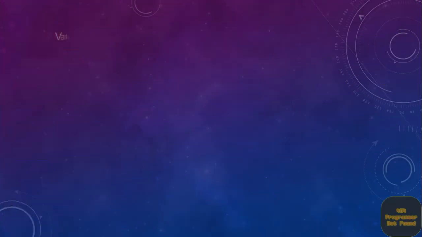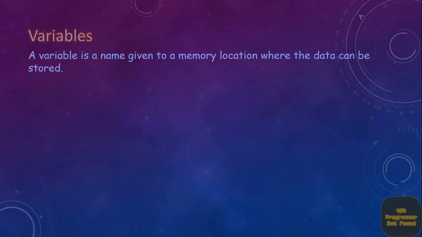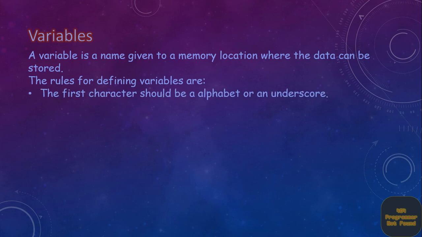Moving on, we have the C variables. A variable is a name given to the memory location where the data can be stored. Variable is an exact opposite of a constant. Constants stay fixed always, but the variables keep on changing depending on the user's code. The rules of defining variables are: first, the first character should be an alphabet or an underscore. A variable name which is valid cannot start with a number.